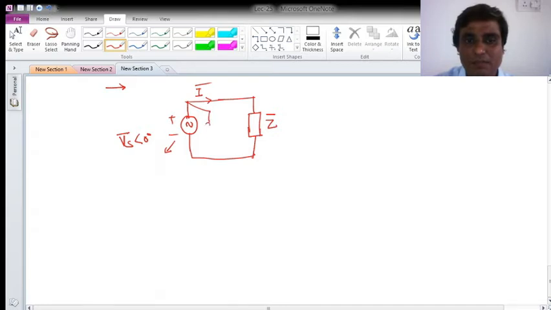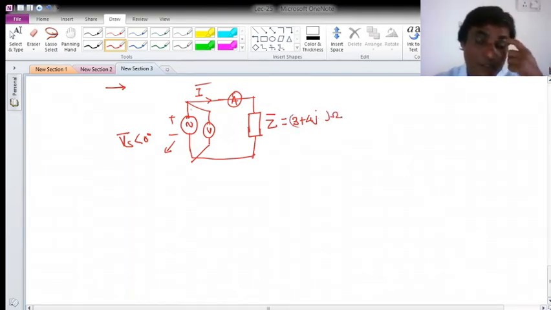So I can measure the voltage here using a voltmeter, and I can measure the current also using an ammeter. Now mind you, voltmeter and ammeter will read the RMS values. Now assume that my load in this particular case is RL, and its value is 3 plus 4j ohm.